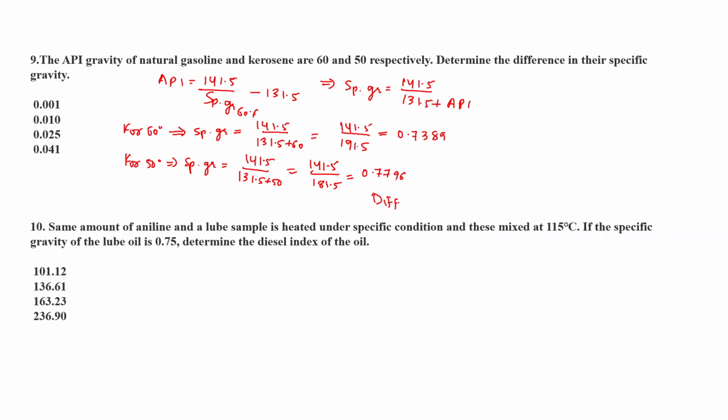So the difference of specific gravity would be 0.7796 minus 0.7389, giving us an approximate value of 0.041. The answer to this is 0.041. Is this clear to you?